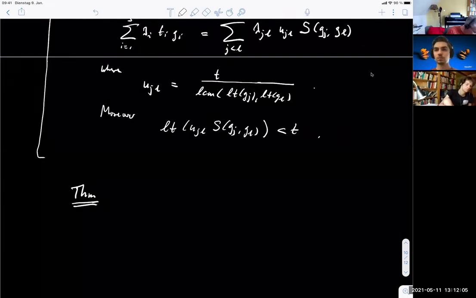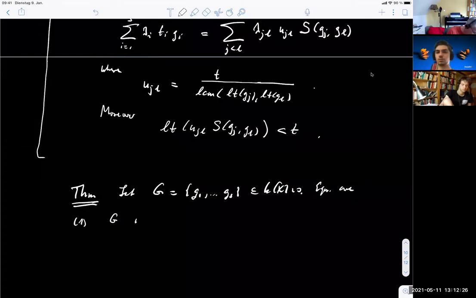I have a collection of polynomials, capital G, consisting of G1 up to Gs, non-zero polynomials. Now equivalent conditions. Equivalent are: 1, G is a Gröbner basis of the ideal generated by G.